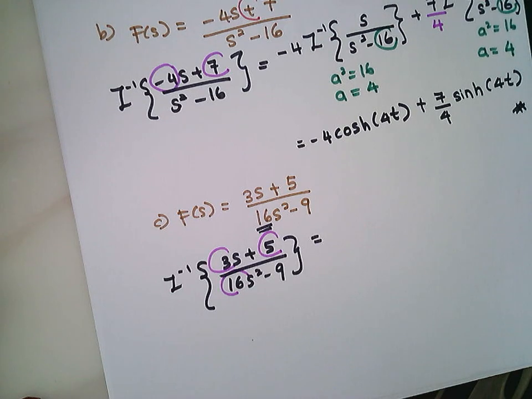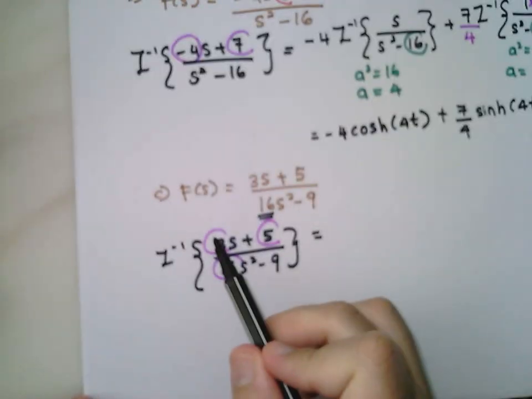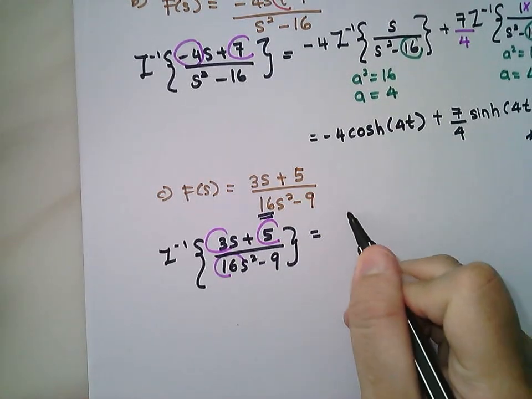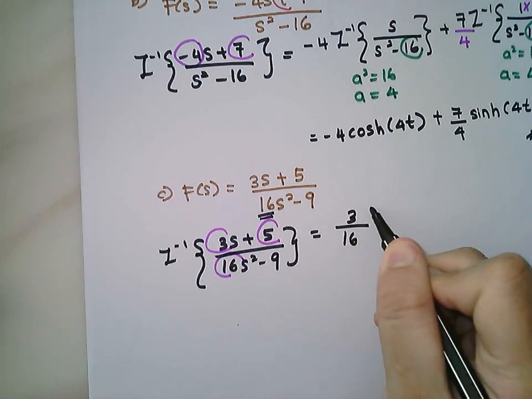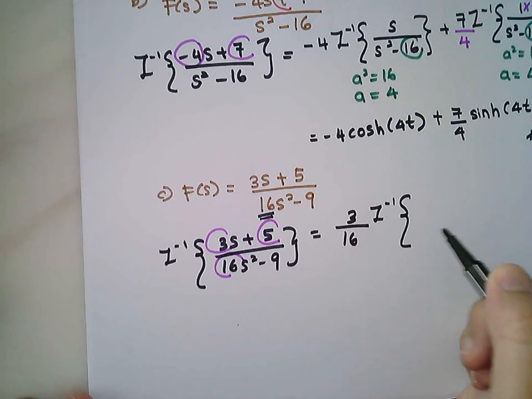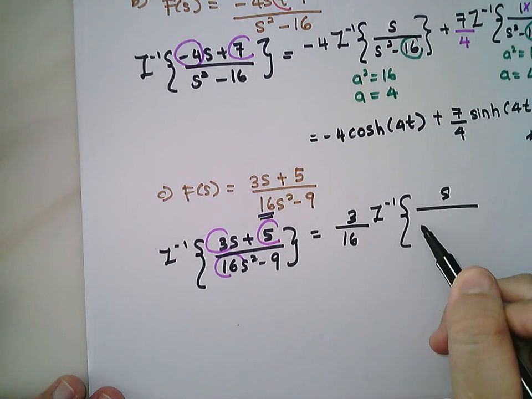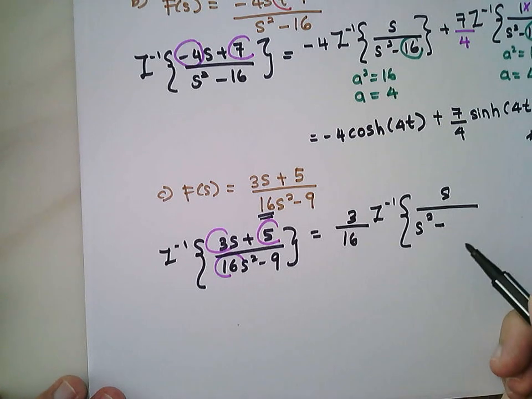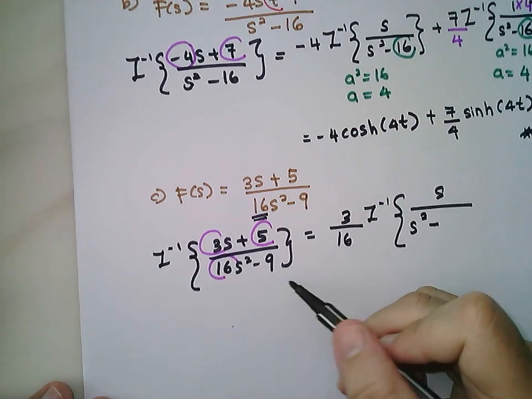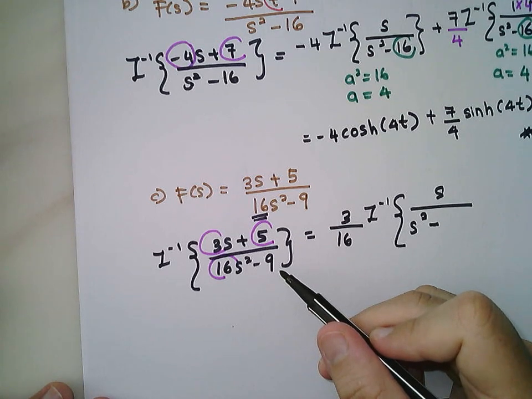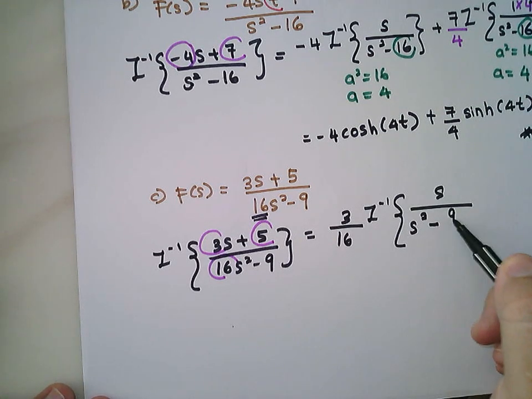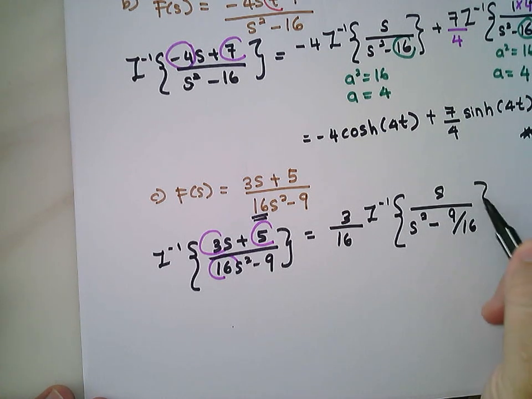Okay, so the first function will be 3 over 16, inverse of s over s squared minus, so what will happen to the constant, to this constant? It should be 9 over 16.